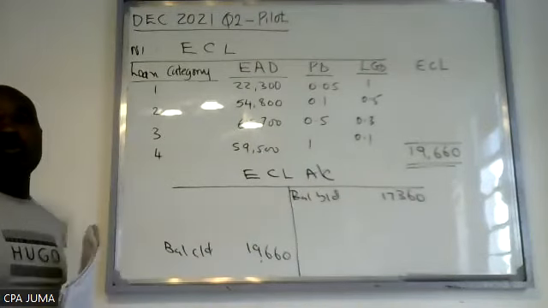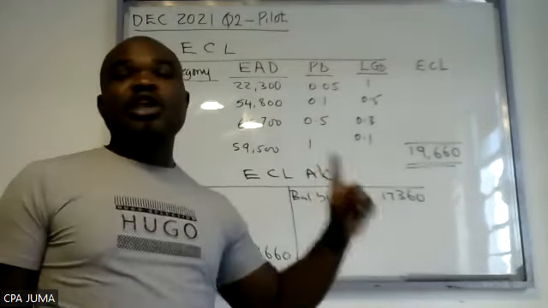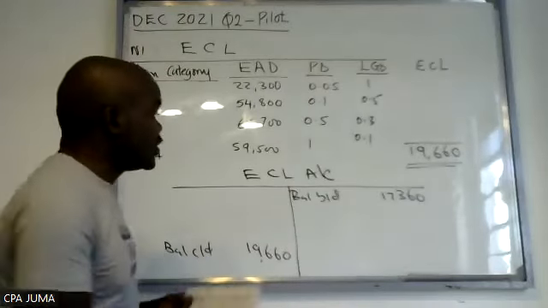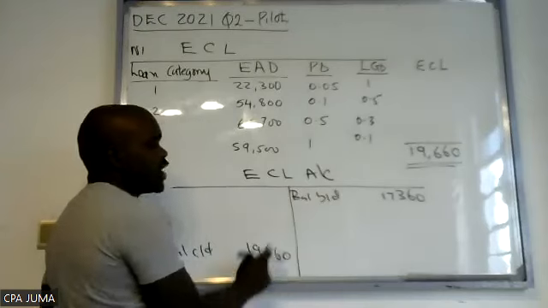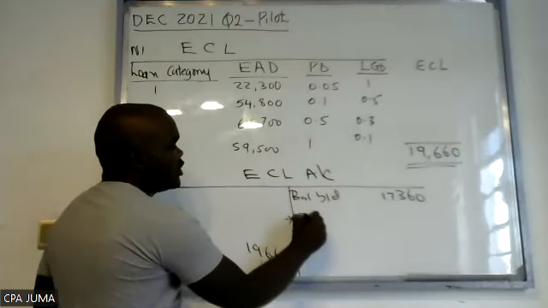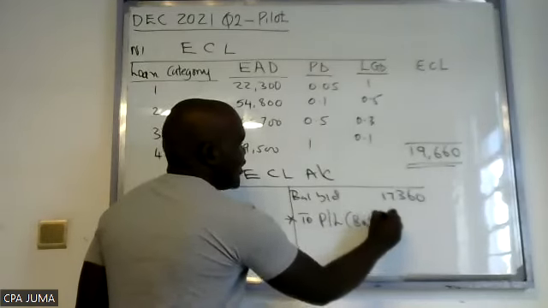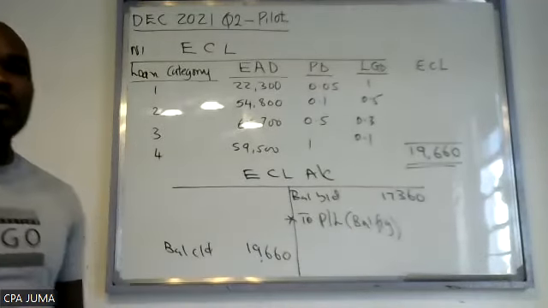Then at the end of the year, we have determined that now the doubtful debt is 19,660. So the provision has gone up. Increase in provision is an expense. So what will go to your profit account is the increase from 17 to 19. So here you say to P&L, profit or loss, your balancing figure. That is what we'll take to the profit account.